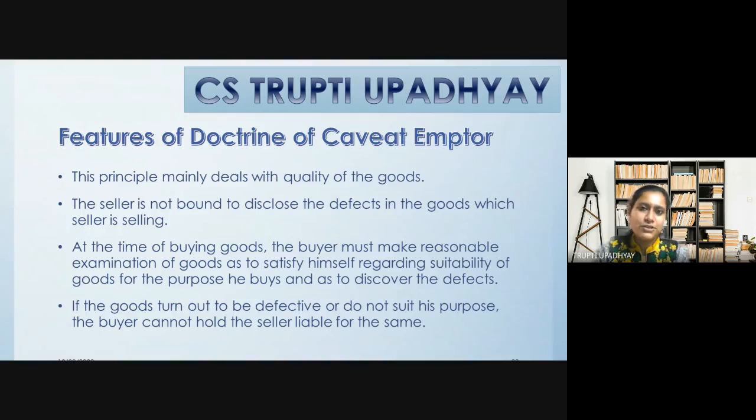So the buyer's duty is to find out the defects in the goods, check the quality of the goods, check whether the goods will meet the purpose or are fit for the purpose for which he is buying. And if the goods turn out to be defective or do not suit the purpose later on, then the buyer cannot hold the seller liable for the same. So the seller will not be compensating the buyer.